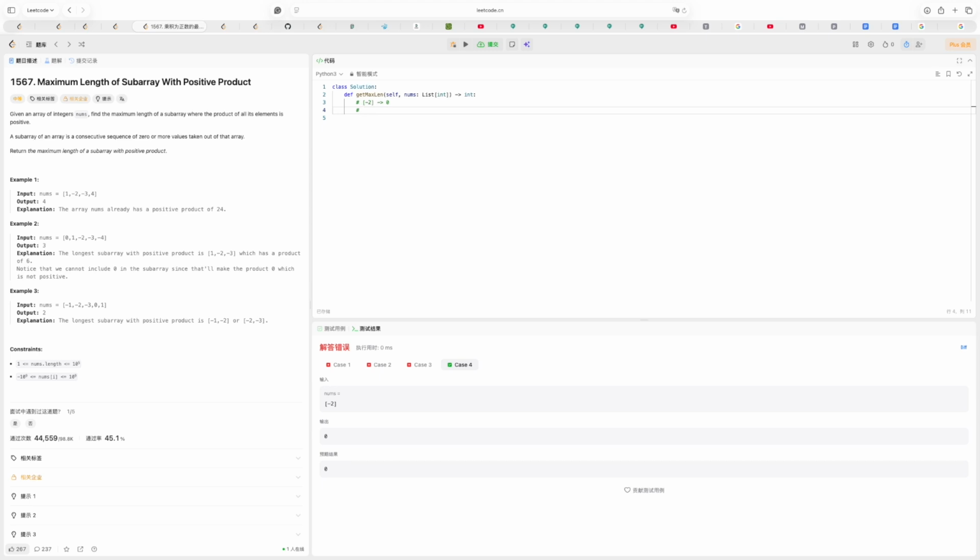So it has to be a subarray with positive product. Okay, since there are negatives in it and we want a positive product, then it must have maximum and minimum at the same time.